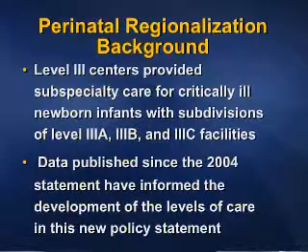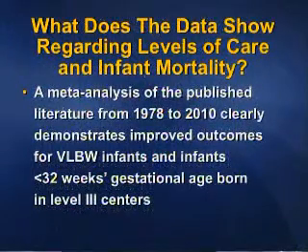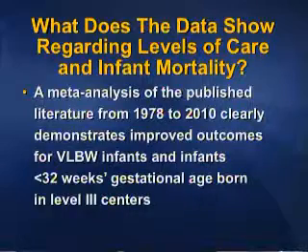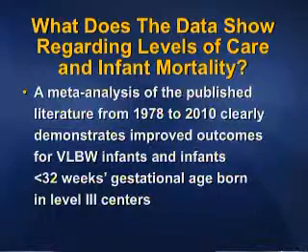Based on these guidelines, both from the March of Dimes and the American Academy of Pediatrics, we started gathering some data. And I'm just going to show you what this data truly tells us. From 1978 up until 2010, there was a meta-analysis done in 2010 looking at the outcomes of very low birth weight infants born at level 1 or 2 versus level 3 neonatal intensive care units, okay?